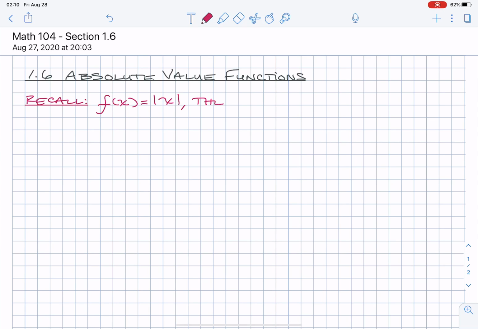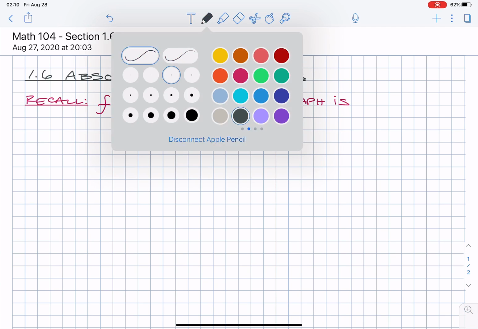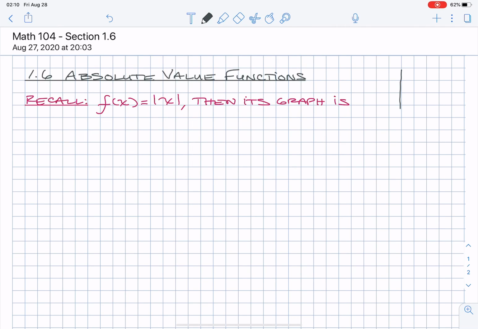then its graph is, let's do a little x and y coordinate axes, x and y.